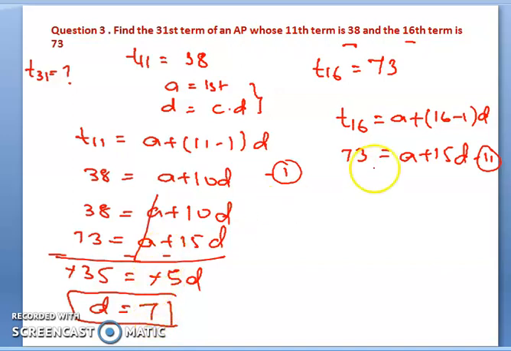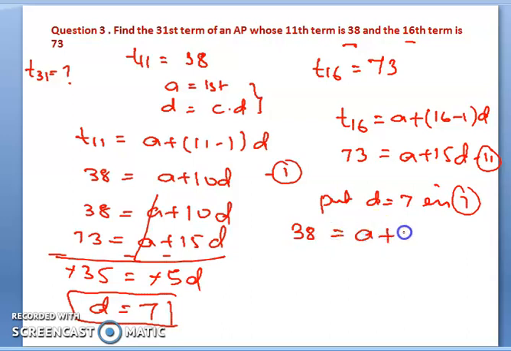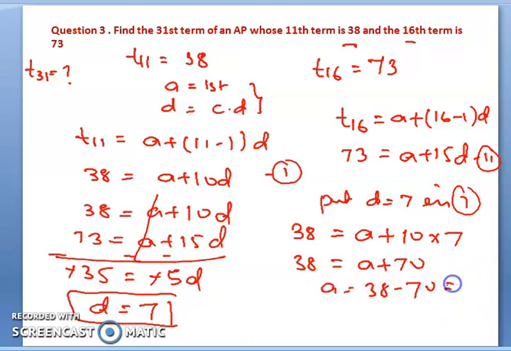Now we have D, so what we can do is put D equal to 7 in equation 1. In any of the equations you can put it. So 38 is equal to A plus 10 into 7, right? Now A is how much? We can find out. A is equal to 38 minus 70, so the answer is minus 32.